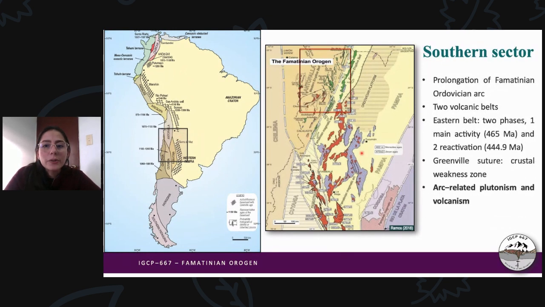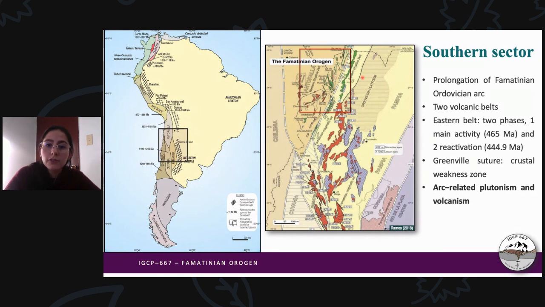The magmatic arc continued in the eruptive belt of Puna, located north of the type locality, just right here. These igneous rocks have been divided into two volcanic belts, the eastern and western eruptive belts, which both show a weak arc signature. In the eastern eruptive belt, two phases of intrusion have been identified.